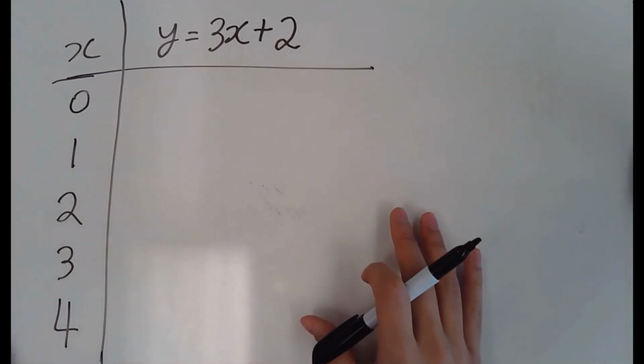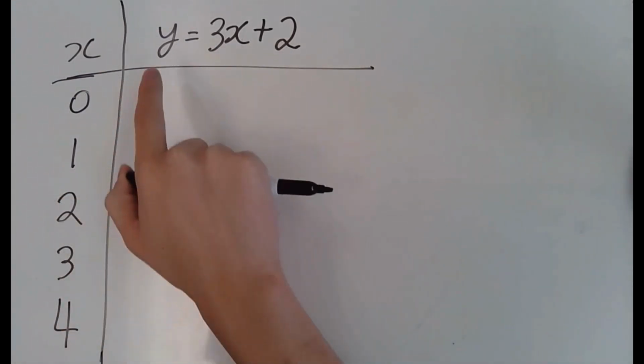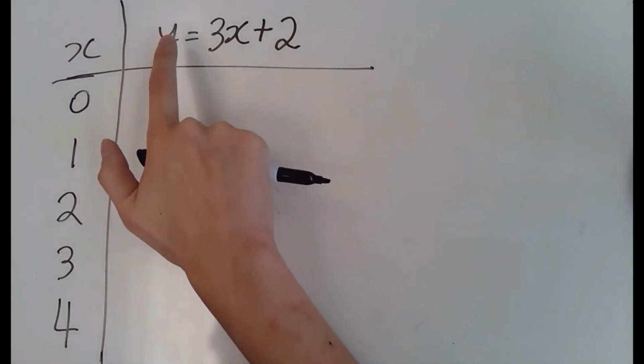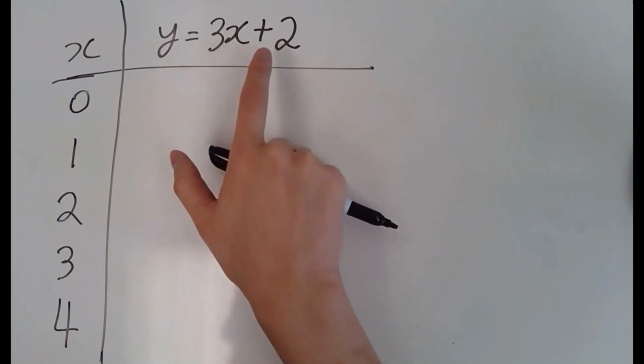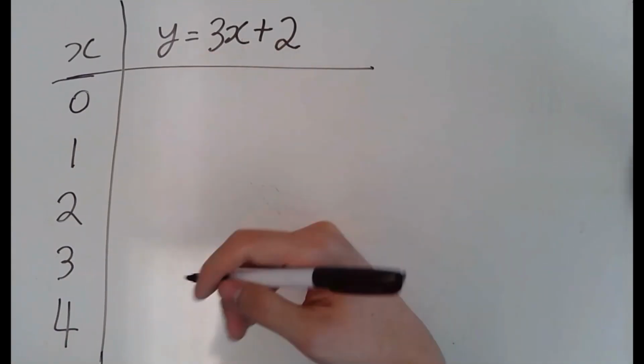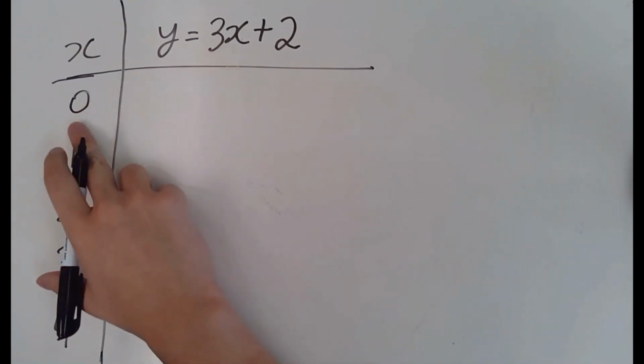Over here, I have a table where I am given 5 different x values, and I have to figure out the corresponding y values when y is equal to 3x plus 2. All I had to do was simply replace the x value with the given x value.